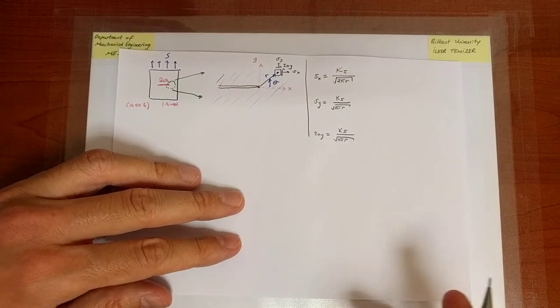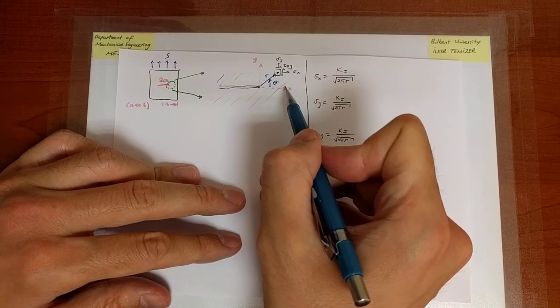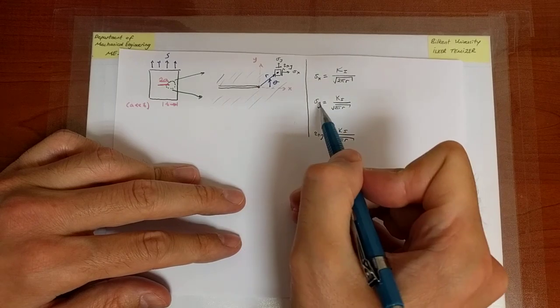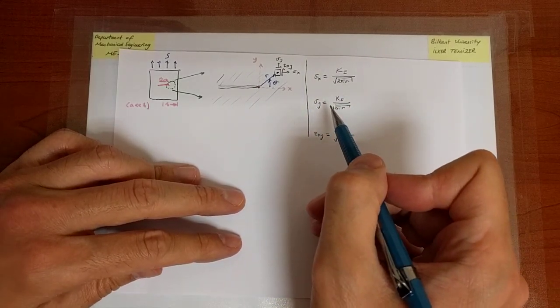Well, does it make sense? To a certain extent. For sigma y it certainly makes sense. When r is equal to 0, I'm at the tip and I know that sigma y needs to be infinite. We're just concentrating on sigma y at that point.